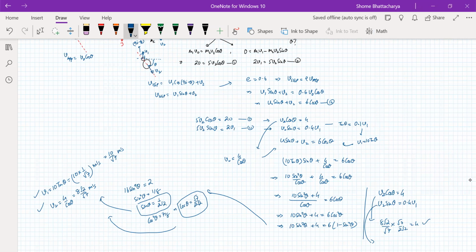And in this equation, v2, which I have got as 8 root 2 by root 7, times sin theta should be equal to 0.4 v1, where v1 we have got as 10 by root 7.